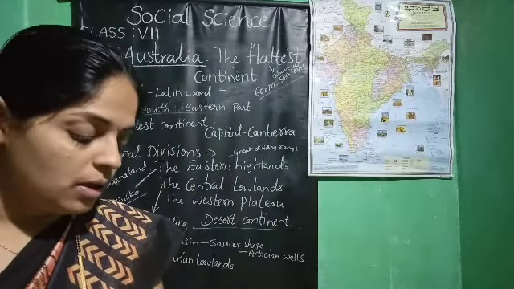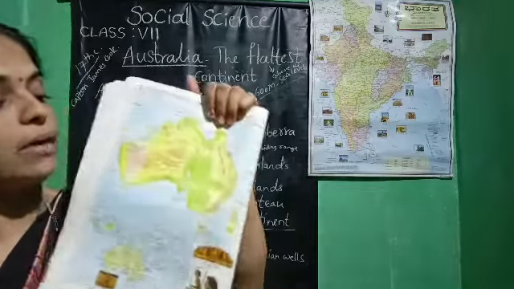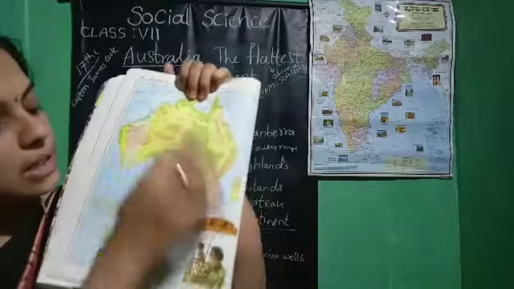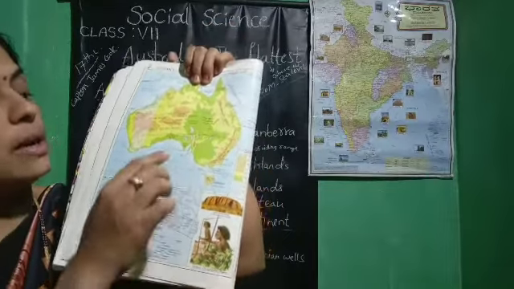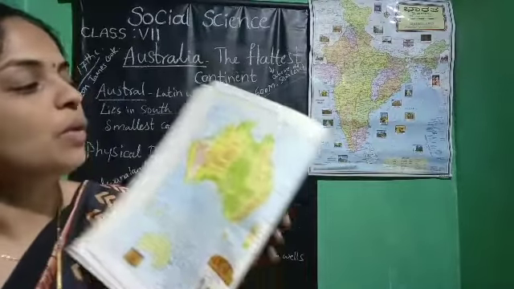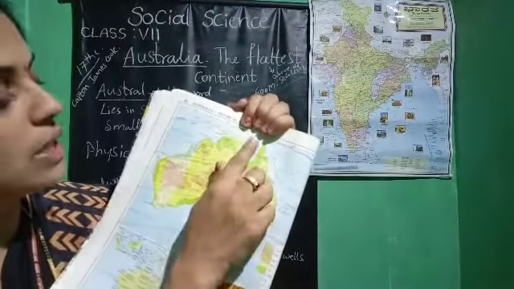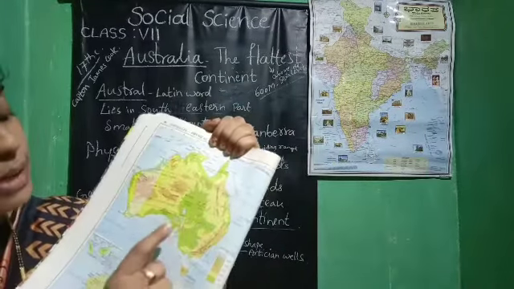Okay, children, now we will see about the Australian land completely. We can see this. Yes, this is the political map of Australia. This is the physical map of Australia. Now can you see this Arafura Sea, and this Tasmanian Island?